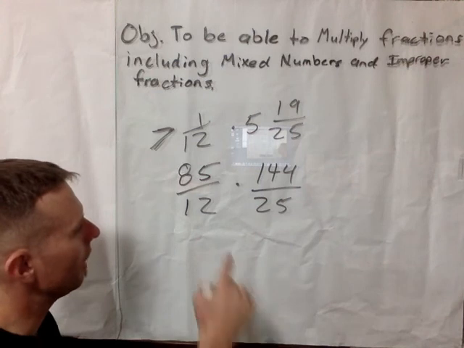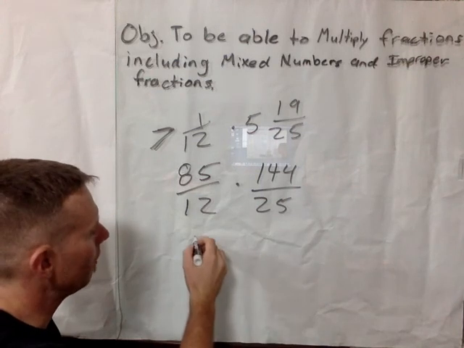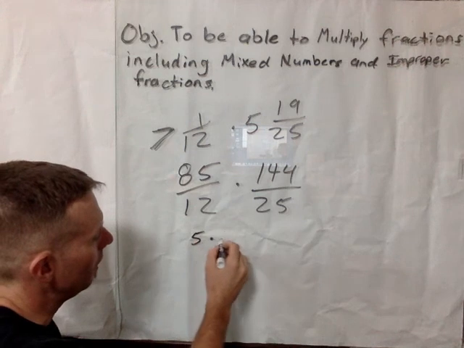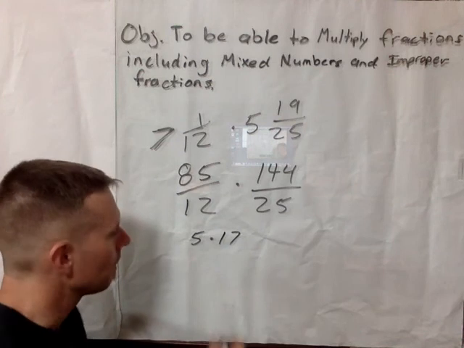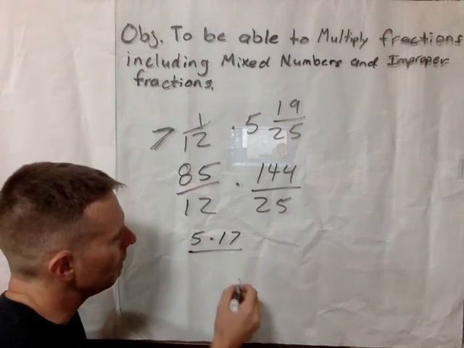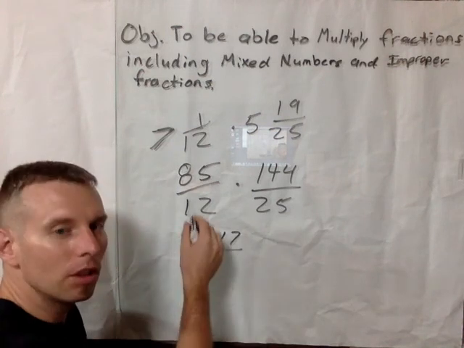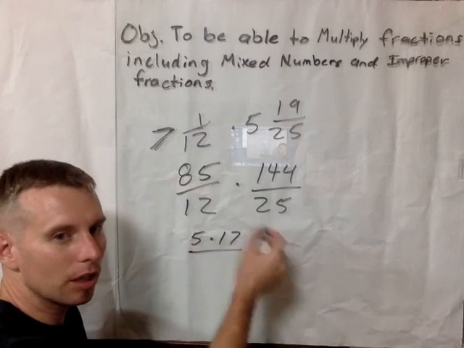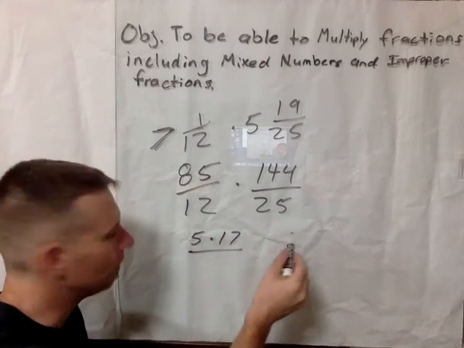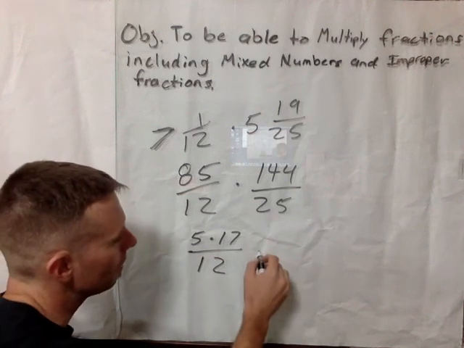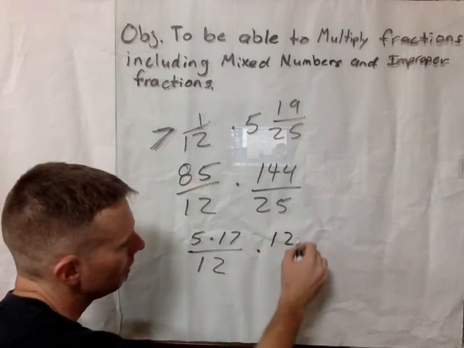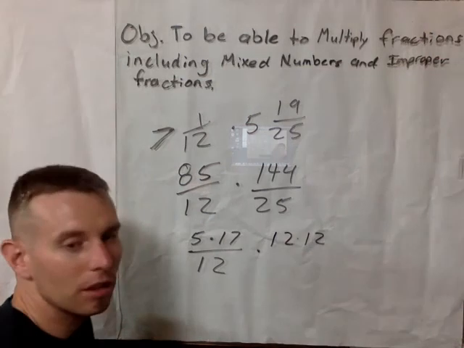So let's factor 85 factors into, let's see, I think it's 5 times 17. And, well, let me just show you. We could do 2 times 2 times 3 if you'd like, or if we can tell right away, this 12 is going to match up nicely with 12 times 12, we could just leave it.